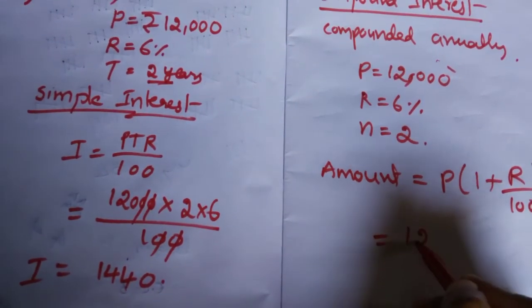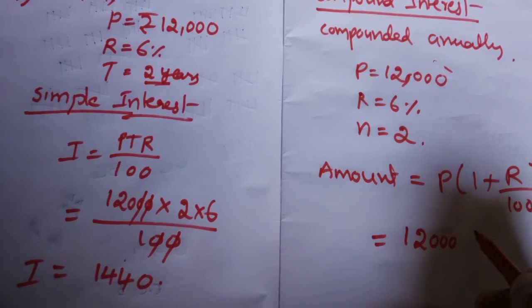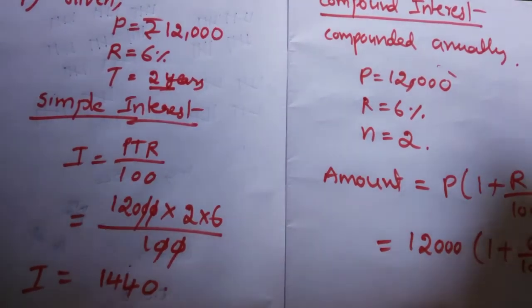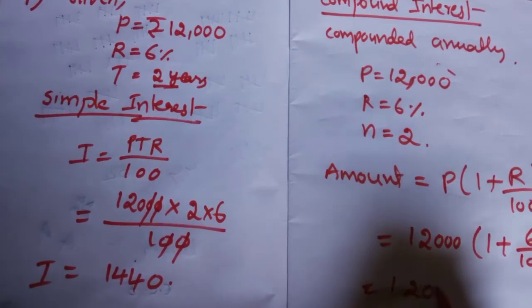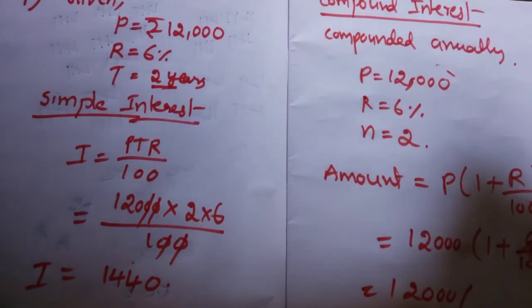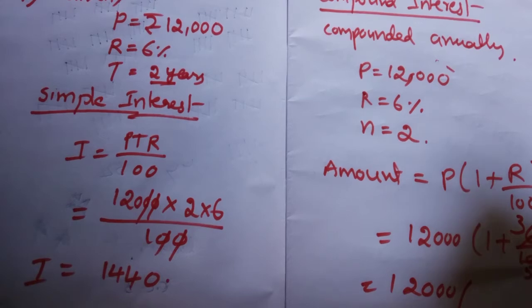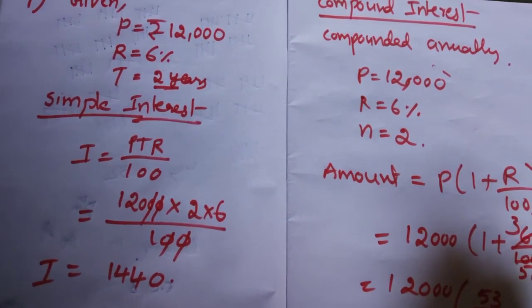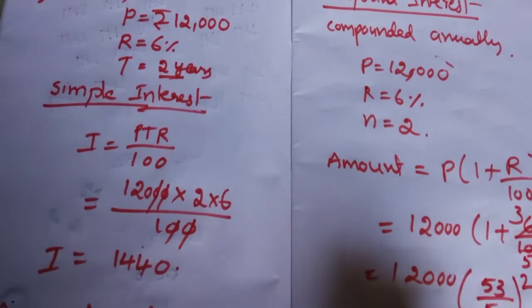Now P is 12,000 into 1 plus 6 by 100 whole square. 12,000 into, here 2 3s are 6, 2 50s are 100. So 1 plus 3 by 50 is nothing but 53 by 50 whole square.